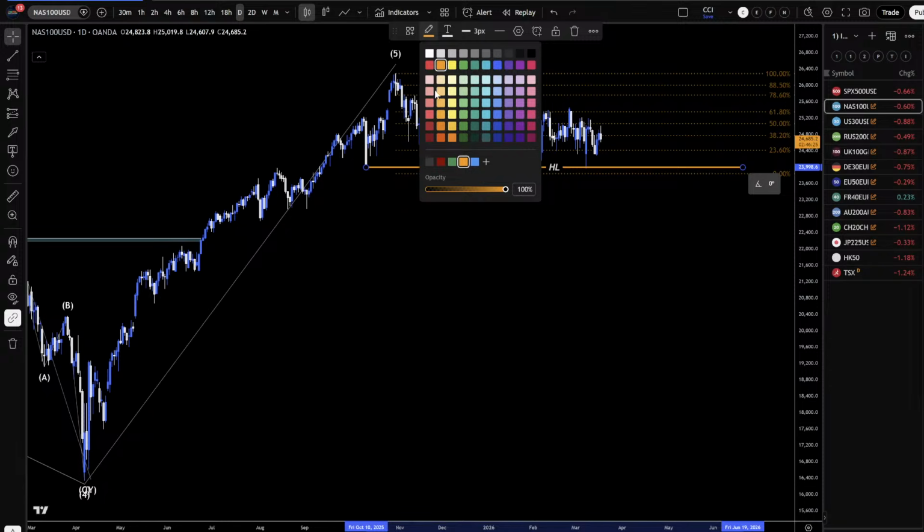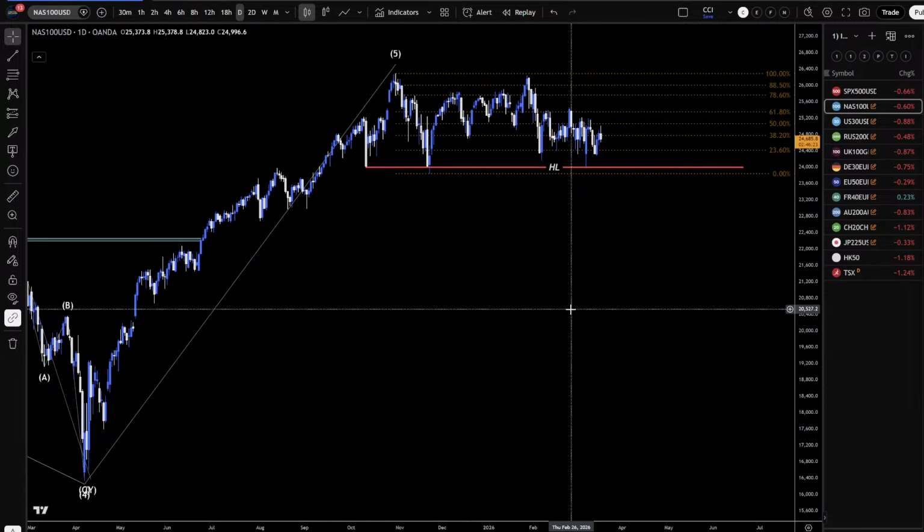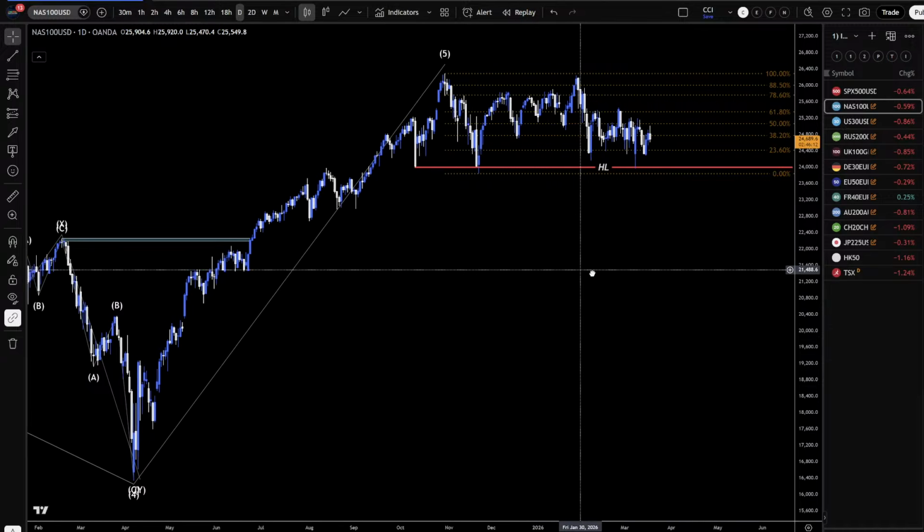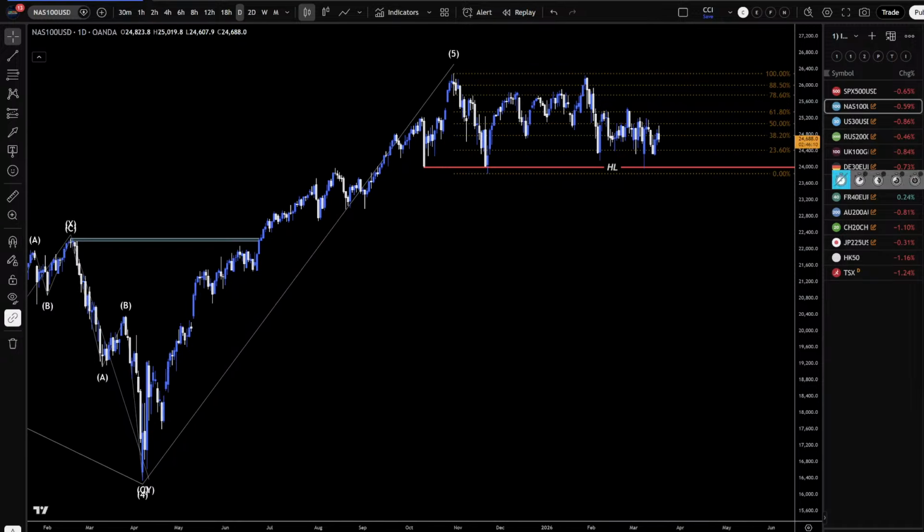You can't assume things are over. Like I said, I think that's one of the biggest problems with Elliott wave traders: an Elliott wave trader will put the Elliott wave labels on a pattern and then assume that things are over. You can assume something's over, but you can't really say it's over until there's proof, and you can't really say that this uptrend right here is complete until it breaks this structure right here.